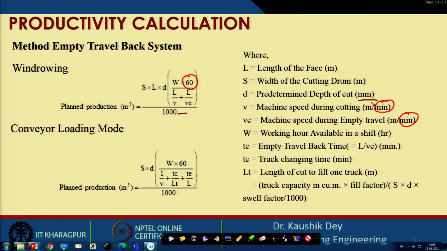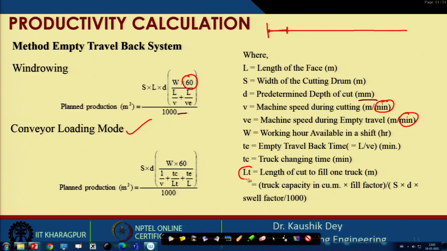Now, the same thing when we calculate for the conveyor loading mode. What is the time cycle? Let us look into this. First, we start cutting up to this point. What is this?